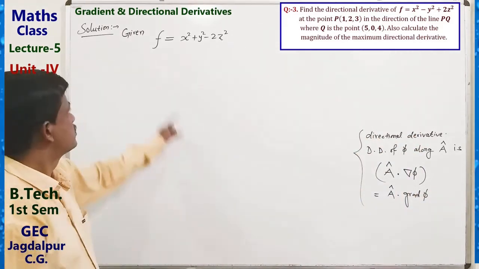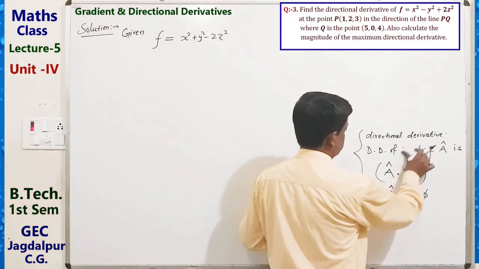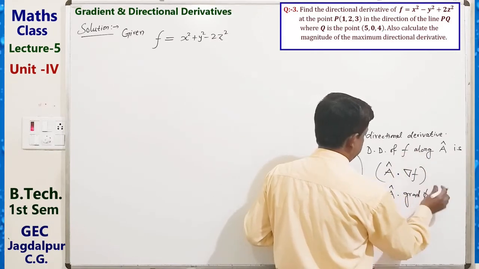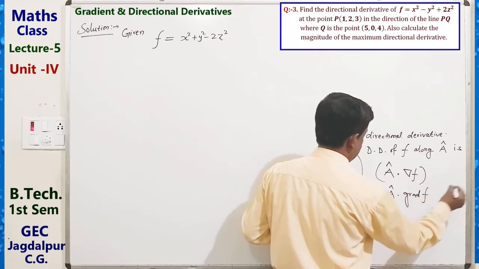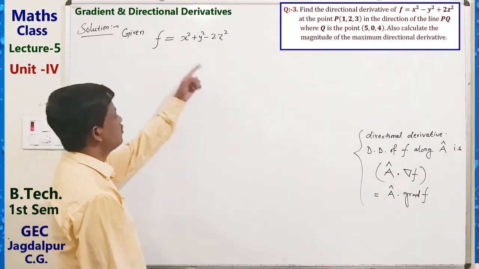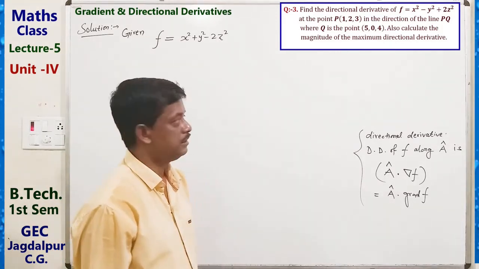Here, f equals this, and in place of phi we write f.